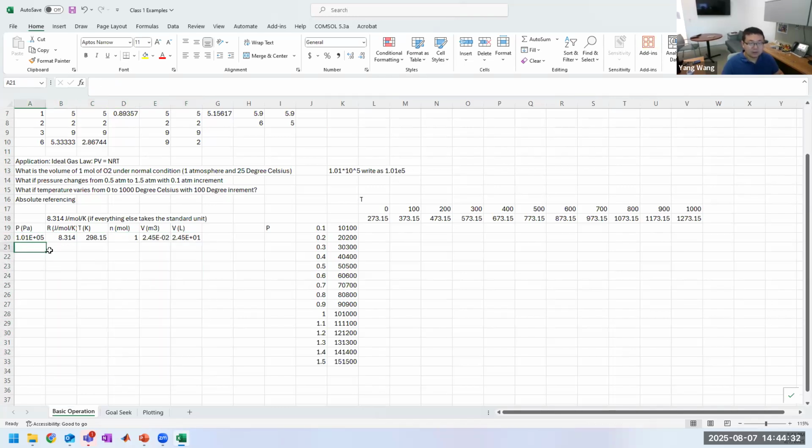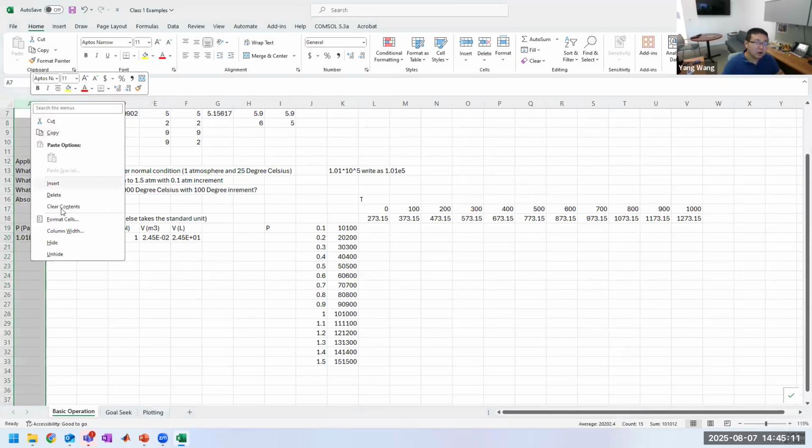You don't have to, let's say, put in 0.1 multiplied by 1.01 e5, and then type in all of these values, copy these values here, and then do the calculation, right? You don't have to do that. Okay, we don't need to do that. So instead, we can use this automatic calculation from Excel.